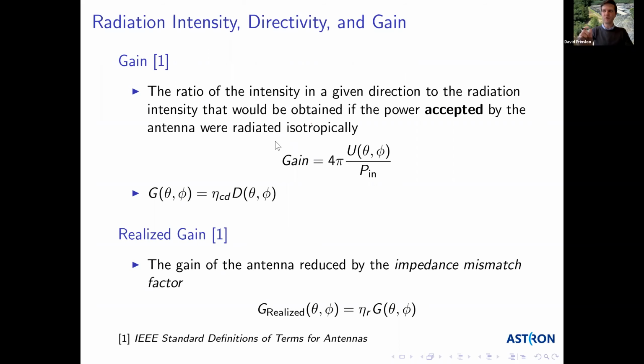So that's the very subtle difference between directivity and gain. Directivity is in terms of the power radiated by the antenna, and gain is in terms of the power accepted by the antenna.